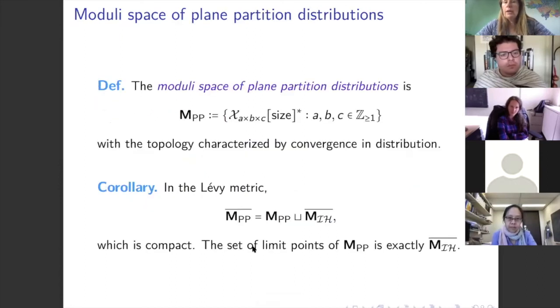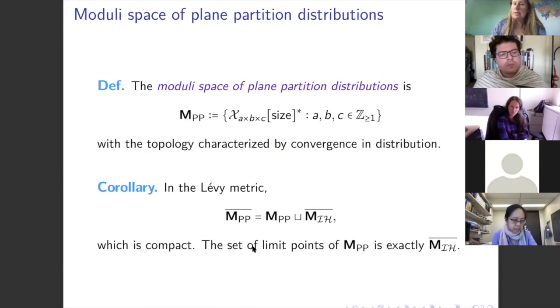Okay, so then let's talk about plane partitions. There is a moduli space of plane partition distributions. These are the ones where you take all of the random variables, standardized, for all possible plane partitions sitting inside boxes A by B by C for all positive integers. And you could put a topology on that too, convergence in distribution.